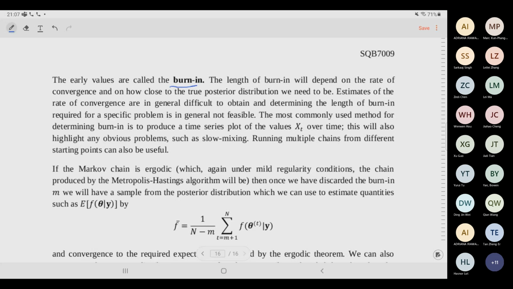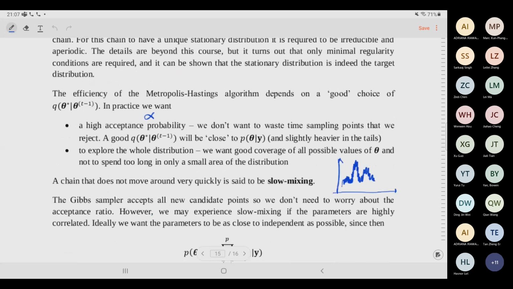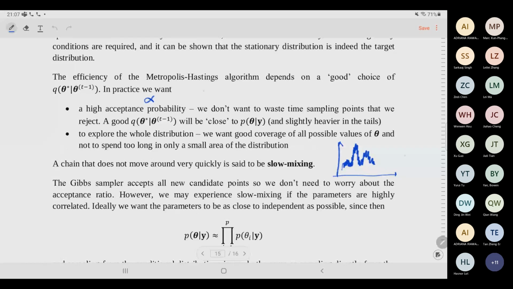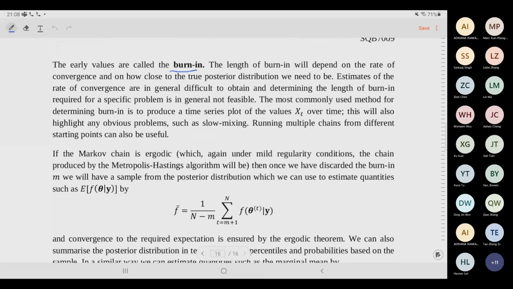Maybe you can look at the time series plot, so you can see the mixing. As I said before, if you see a graph like this where the values are sticking to each other, this indicates slow mixing. This means that maybe you need a higher number of iterations to see whether it will improve or not. So one way is to use the time series plot to see whether your MCMC has converged.